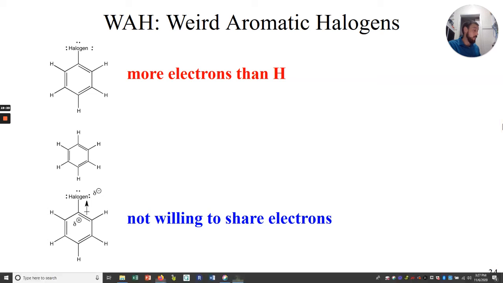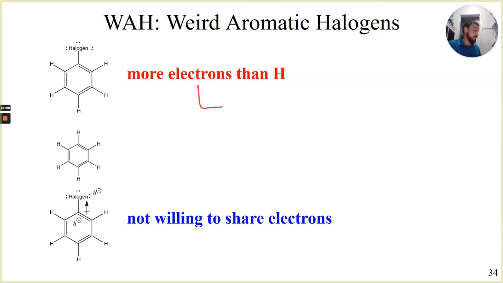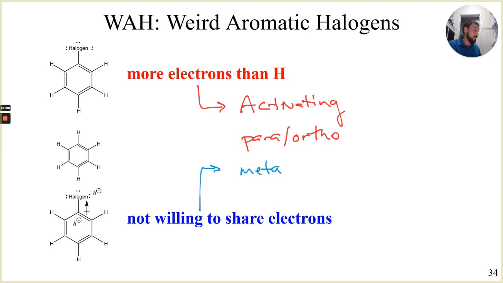And if they were donating, we would expect it to be an activating group, and we would expect para-ortho substitution. Okay? But they are not willing to share those electrons. Because they are not willing to share those electrons, they are meta-directing and deactivators. Activator, or activating, if we use the same verb conjugation.